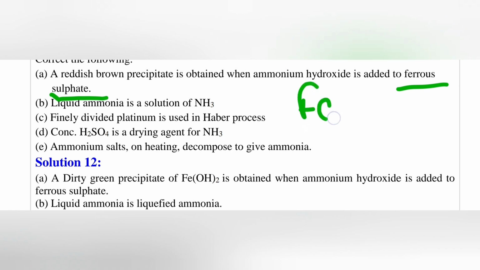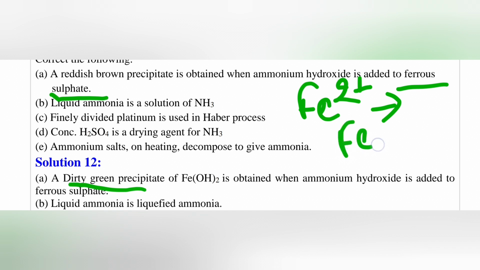When iron is in the Fe2+ oxidation state, it gives a dirty green color, and when it is in the Fe3+ oxidation state, it gives reddish brown. So this statement is incorrect. In place of reddish brown, the color will be dirty green.